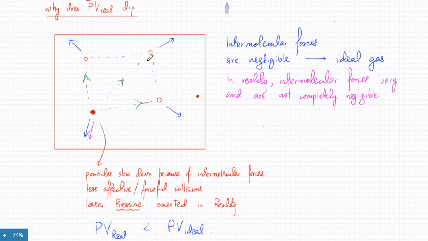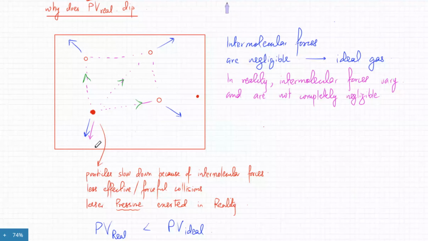The ideal gas assumed that gases had no, or negligible, intermolecular forces. But in the real world, gases do have intermolecular forces, and at times they can have really, really strong intermolecular forces. So the particles slow down.